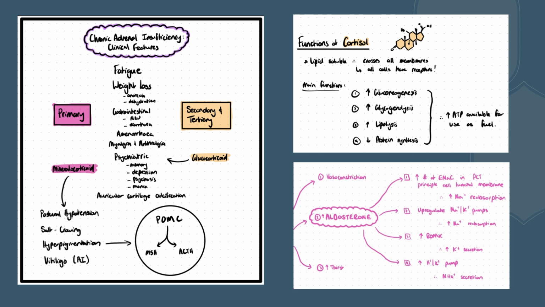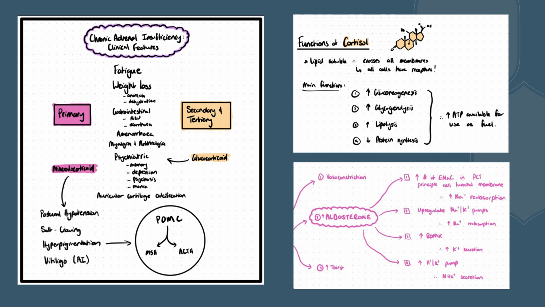I thought it was just interesting to say how these patients get their hyperpigmentation. In that negative feedback loop, the pituitary gland is stimulated to secrete ACTH. But ACTH is cleaved from a hormone called POMC, pro-opiomelanocortin, and the other half of that cleavage is MSH, melanocyte-stimulating hormone.